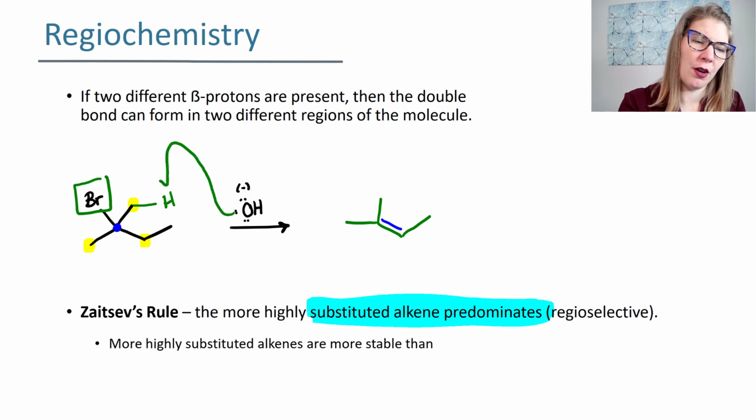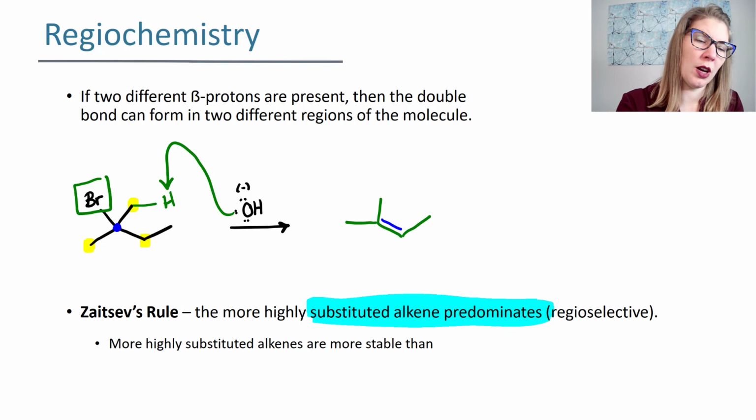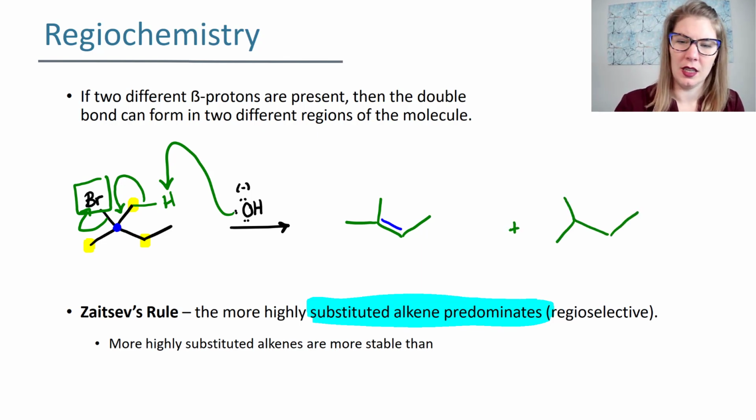And I pull off this proton. The electrons will come around and they'll form a pi bond between the alpha and the beta carbons, and the leaving group will leave. So my other product is going to be this.